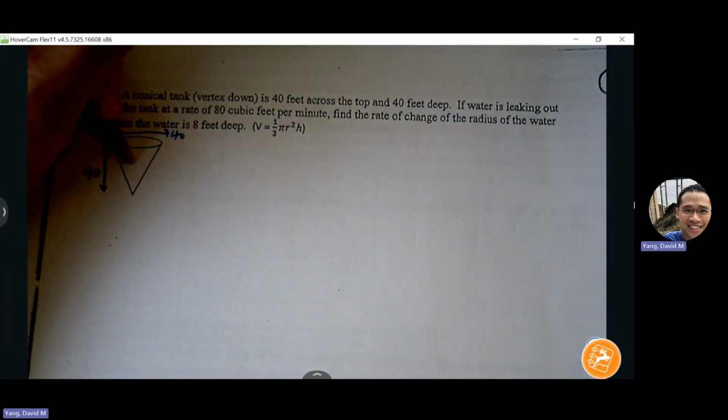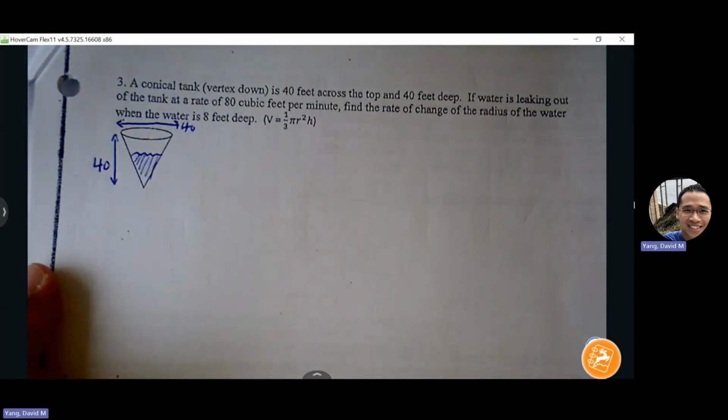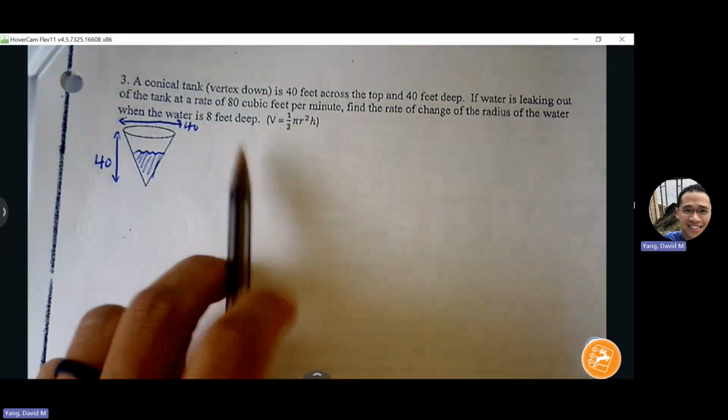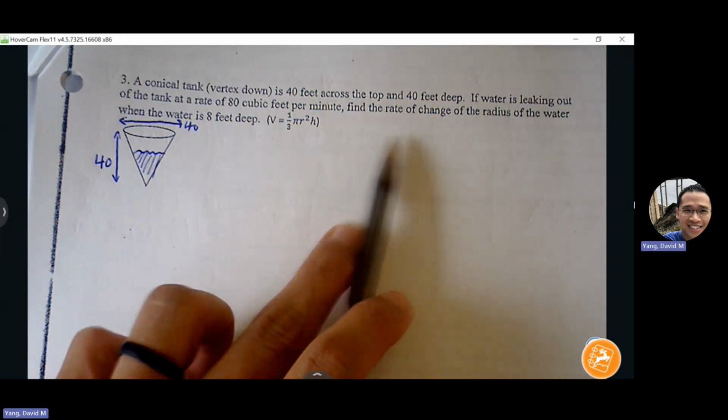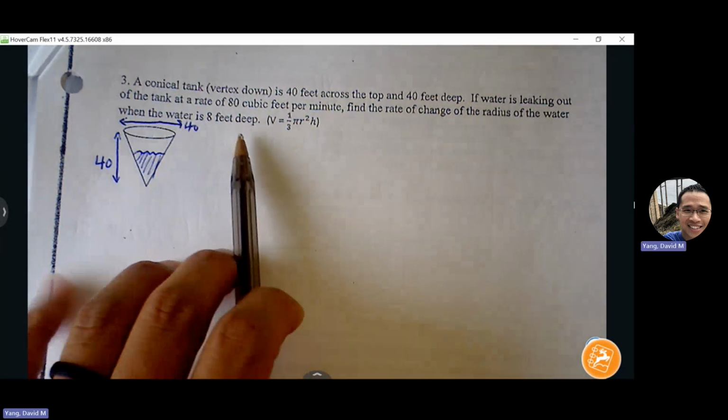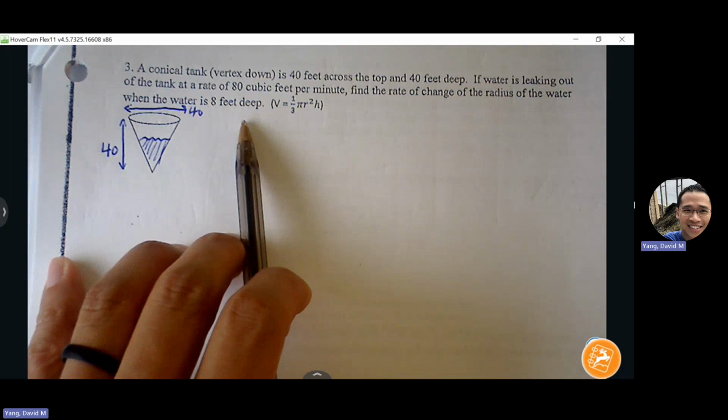And water is leaking out of the tank. So the assumption is that there's water in there to begin with, and water is coming out of the tank at a rate of 80 cubic feet per minute. Find the rate of change of the radius of the water when the water is 8 feet deep.